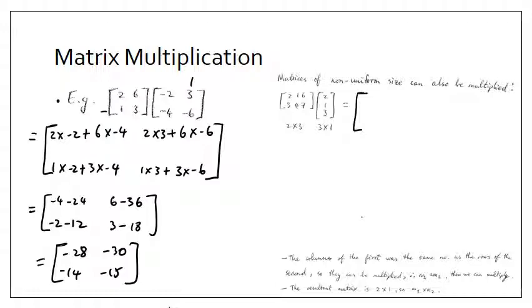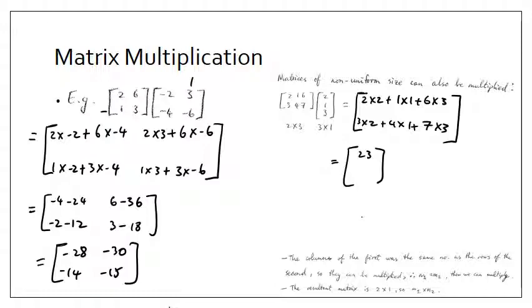So let's do the first row, first column: 2 times 2 plus 1 times 1 plus 6 times 3. Then we have second row, first column: 3 times 2 plus 4 times 1 plus 7 times 3. Then we just simply add them up. So 4, 5, 23, and then 6, 10, 31.